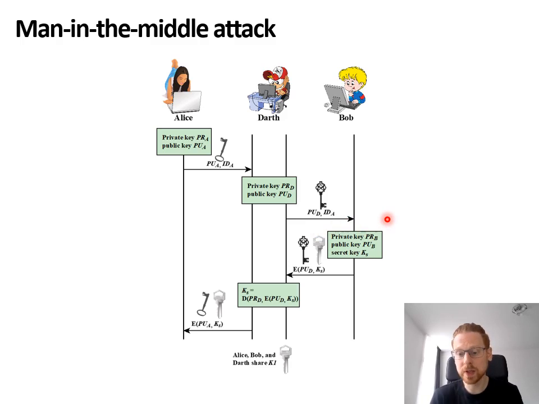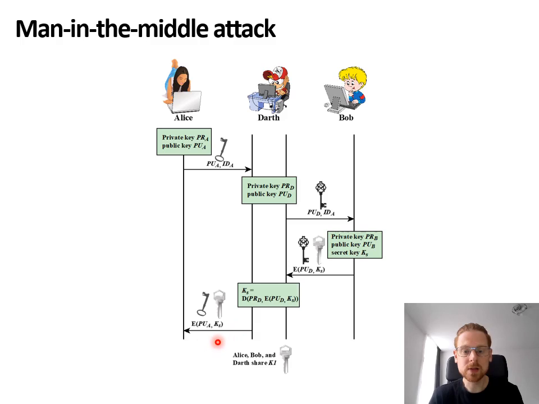Since Bob has no way of knowing if this key, PUD, is actually Alice's public key or not, he will assume it is valid. He will use the public key provided to him, PUD, to encrypt a session key KS. Dart again intercepts the message and is able to decrypt it as he owns its own private key PRD.